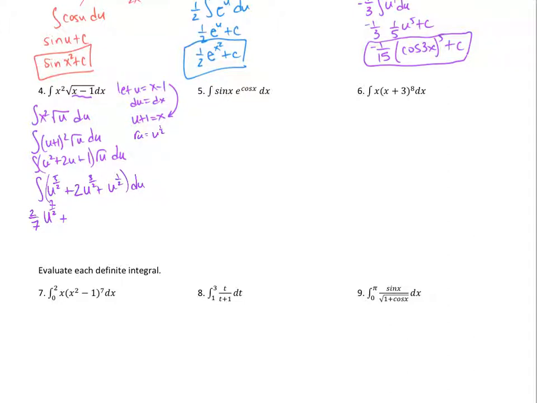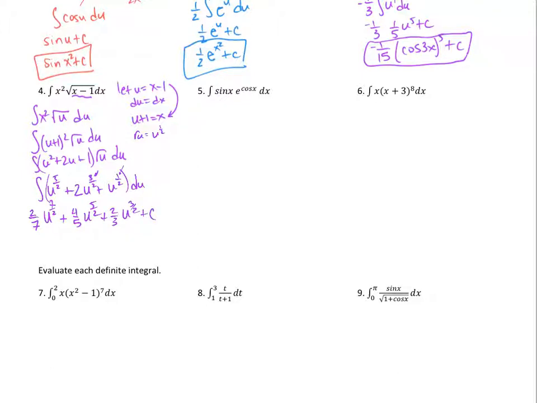Yeah, so I should have said 5/2 here, because we're adding 1 to this, so it's u to the 5/2. So this becomes 4/5 u to the 5/2. Again, we're adding 1 here to this, so this becomes 3/2. So I need a 2/3 u to the 3/2 plus c.